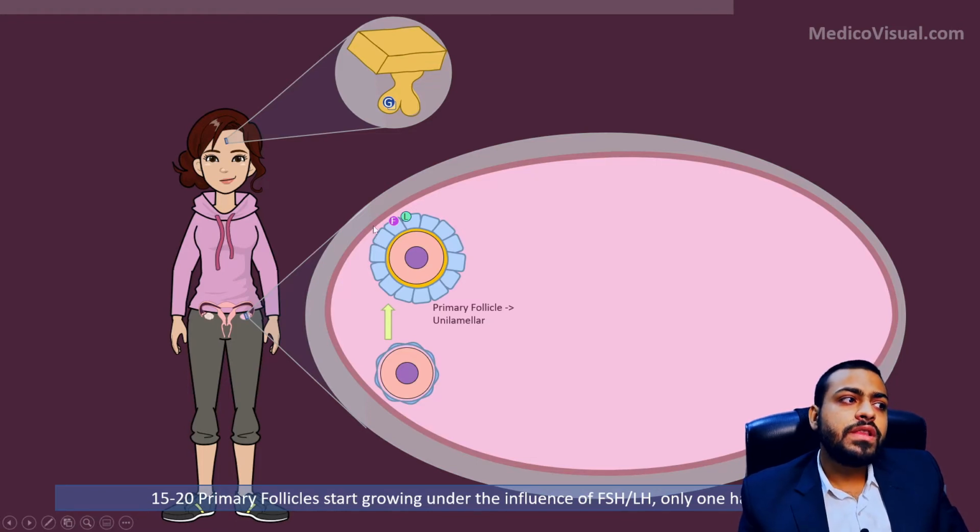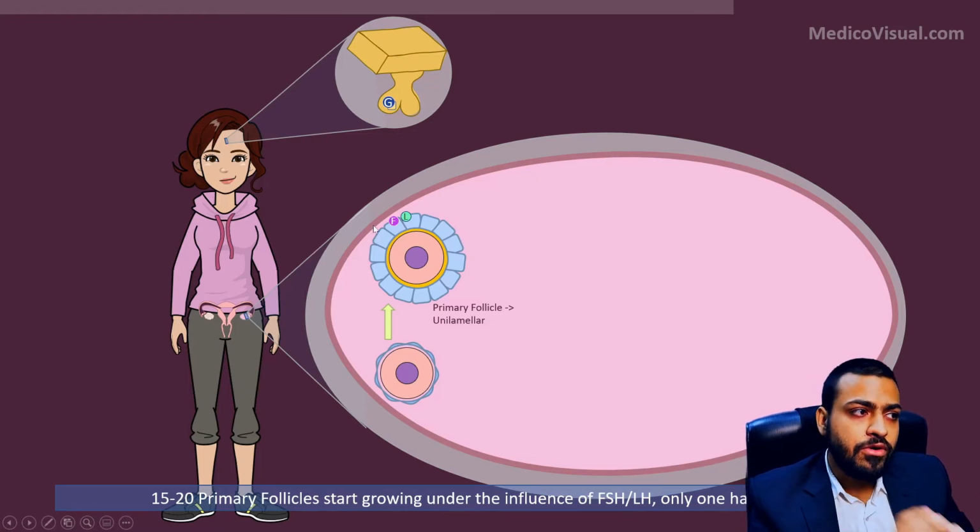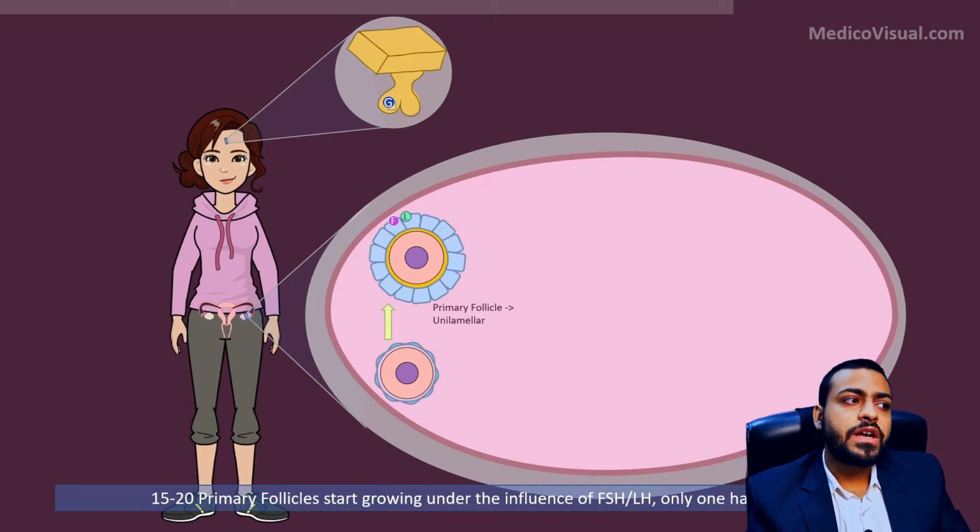And out of these, if I ask you what is the most important factor for growth of the follicle, especially at this point, that would be FSH. As the name indicates, it is follicle stimulating hormone. LH also has an important role in development of these follicles, but we will discuss that a bit later.